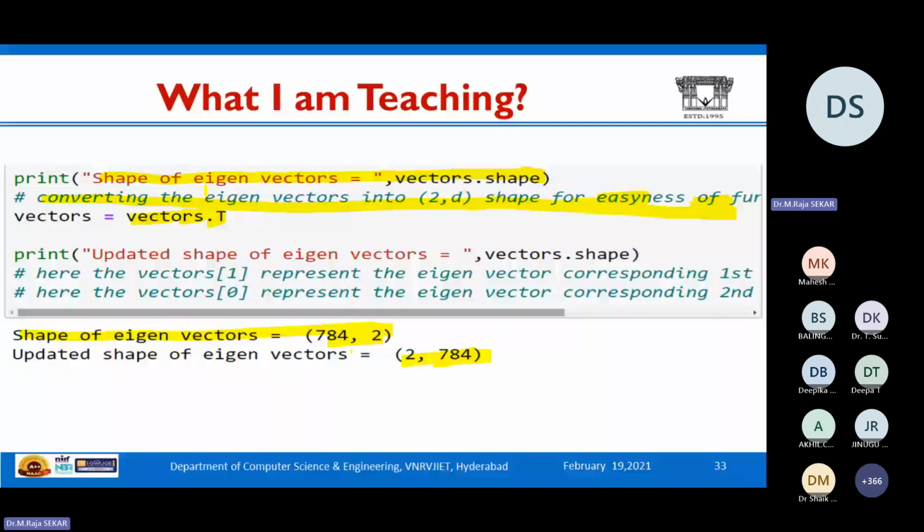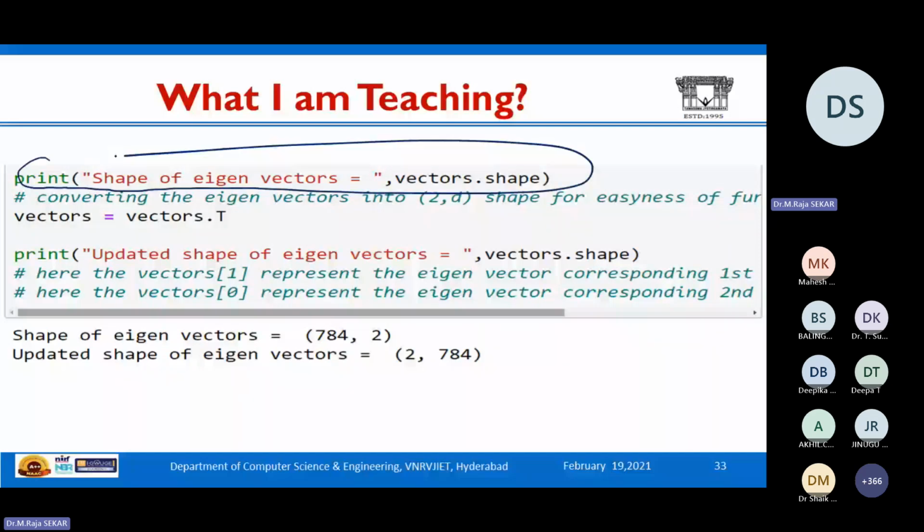You need not be in a hurry. Let me spend a few minutes here and explain this part. How many eigenvectors did we find? 2 eigenvectors. What is the shape? 784 by 2. 784 by 2 means this is 1, this is 2.